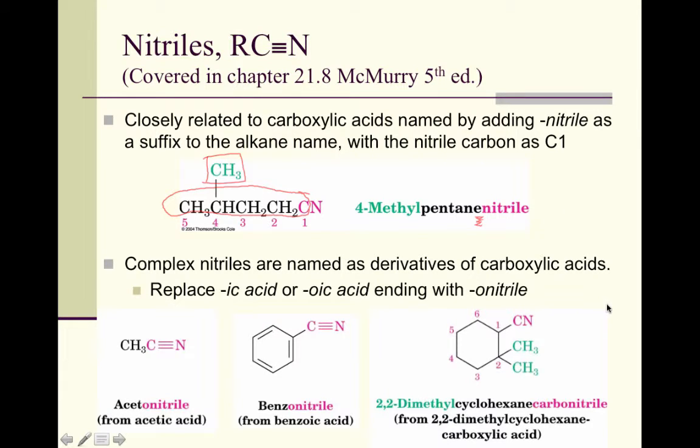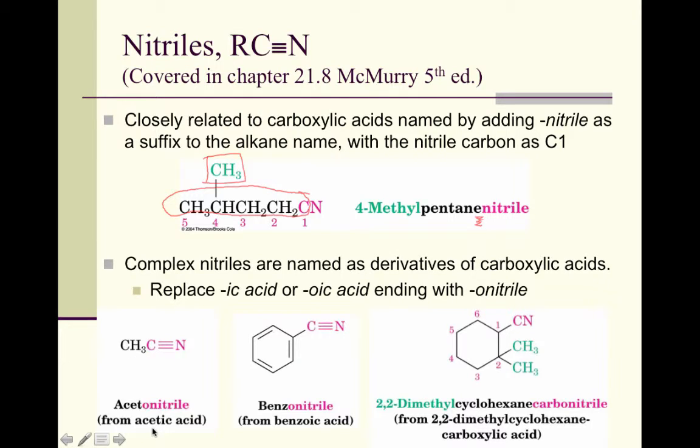Complex nitriles are named as derivatives of the carboxylic acids. What you want to be able to do is know how to name carboxylic acids well before you tackle naming the nitriles. You'll see in these examples, they'll give you what carboxylic acid the name was derived from. 2 carbons total.